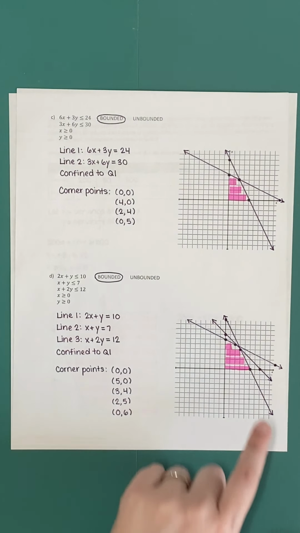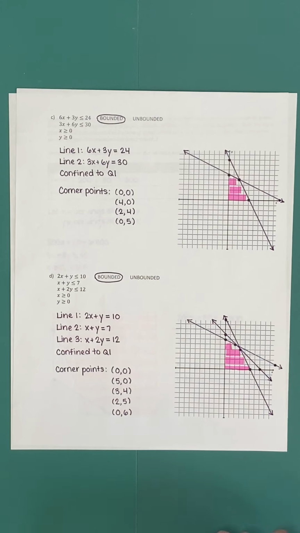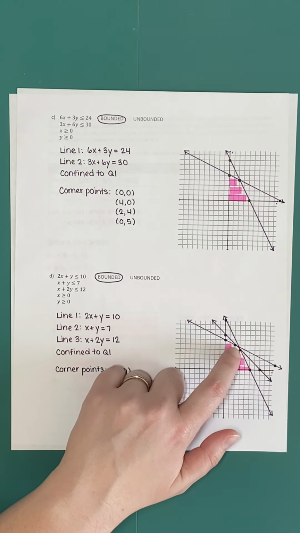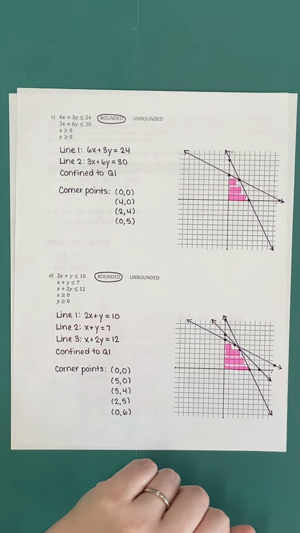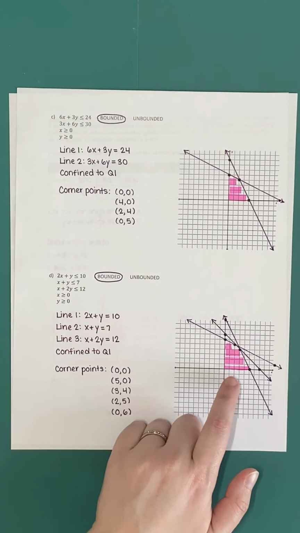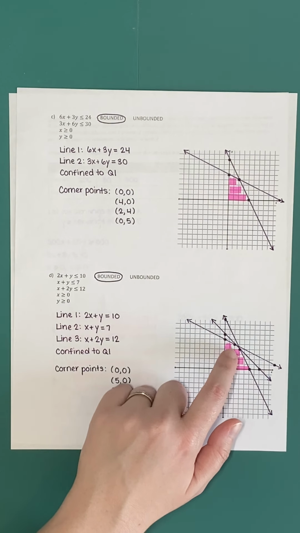So we have a corner point at, looks like (5, 0), and then looks like (0, 6). Those are also corner points. And then we have 2 additional locations right there where 2 boundary lines intersect. One of them is going to be at (2, 5), and the other one is going to be at (3, 4).